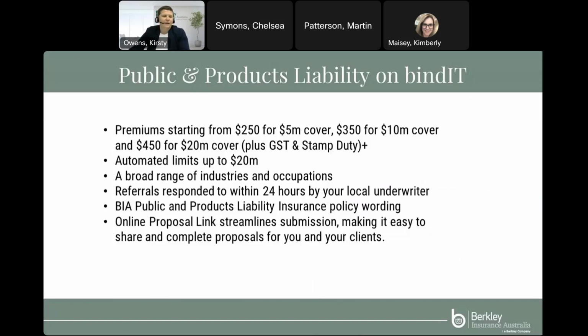So again, up to $15,000 premium will auto quote, and where it's above that, we think that an underwriter should give it a once over. So referring when the premium is above 15,000. We don't get a huge number of referrals for that premium factor, but it is something I think for both your sake and the client's sake to have the underwriter just give it a once over before saying yes or no.